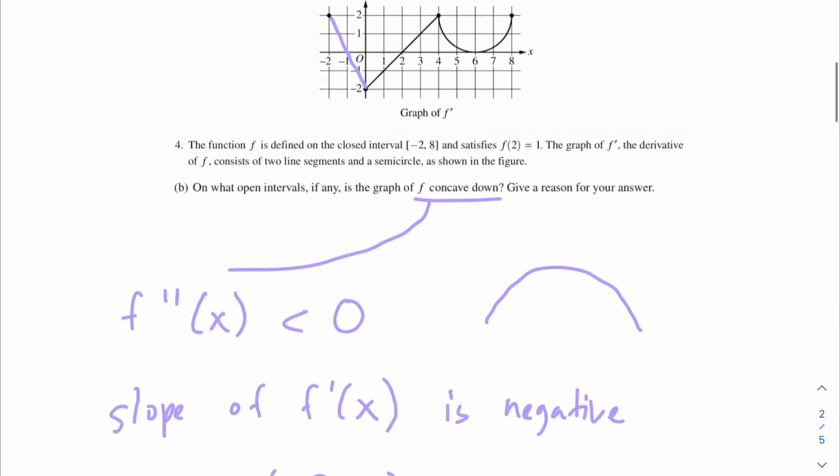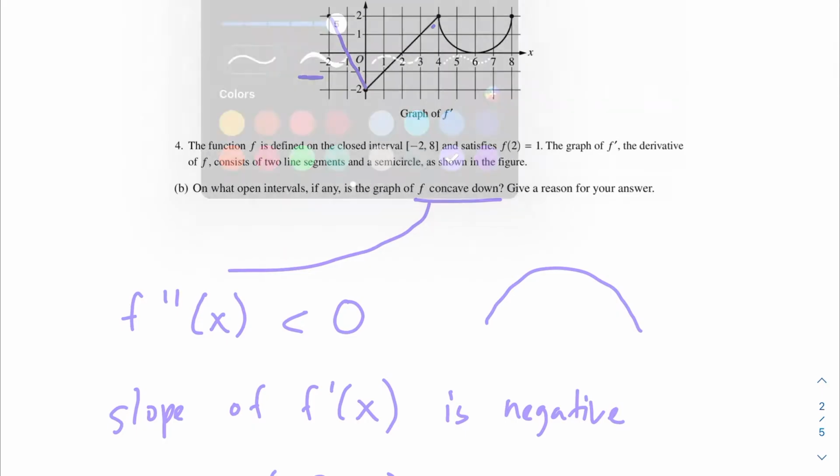From 0, it looks like we're increasing our slope. So from 0 to 4, we would not say that the graph of f is concave down. Up here the slope is positive, so that won't count.